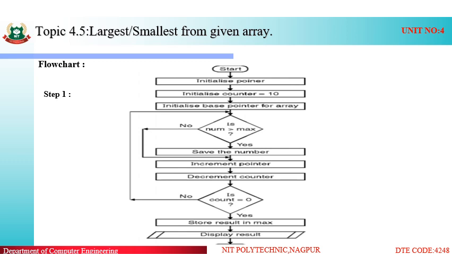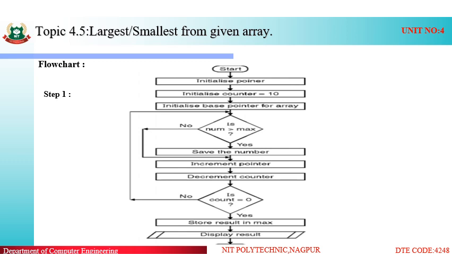If the number inside our array is greater than the max number, what will be the max number? The current number. If the current number is greater than the max value, then we have to save the number, because we have to find the largest number. In this case the first element is iterated. Now move to the next element.